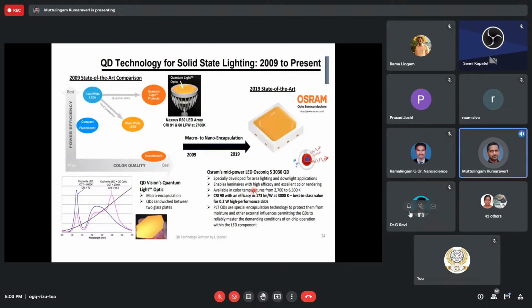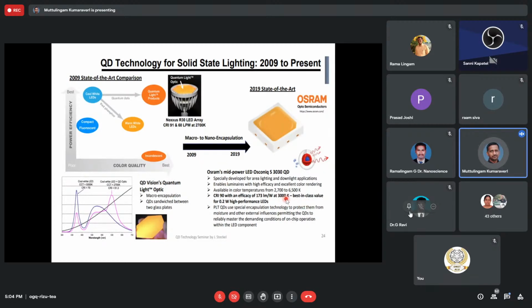Now in 2019, Osram used this color filter to reach an efficiency of 173 lumens per watt and a color temperature of 3000 K.